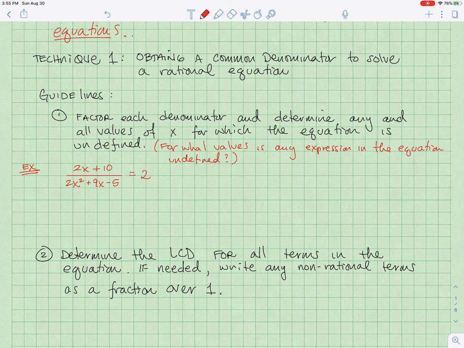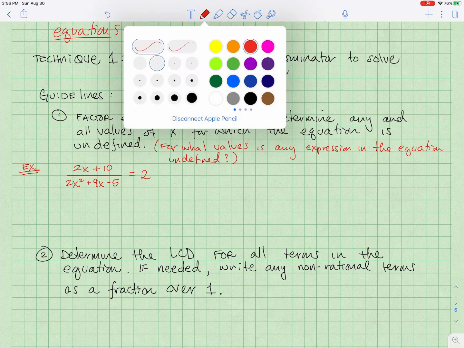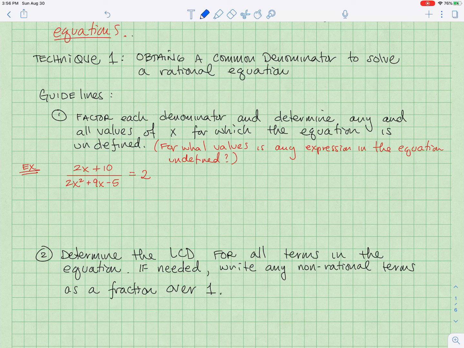So here we have, let's do this equal to 2 here. So for 2x plus 10 divided by 2x squared plus 9x minus 5 equal to 2, the first thing that we want to do is we want to factor all denominators involved. So first off, the right side is 2 over 1. Not a lot to do there. The left side, 2x squared plus 9x minus 5. If we try a little bit of reverse foiling here, we have 2x and x.